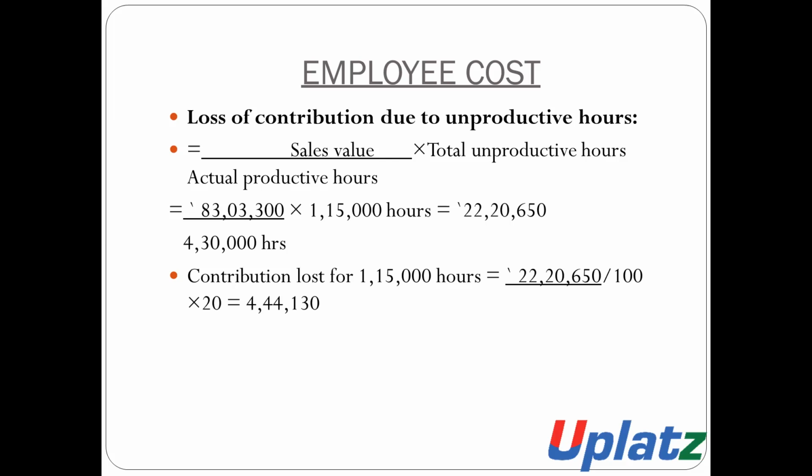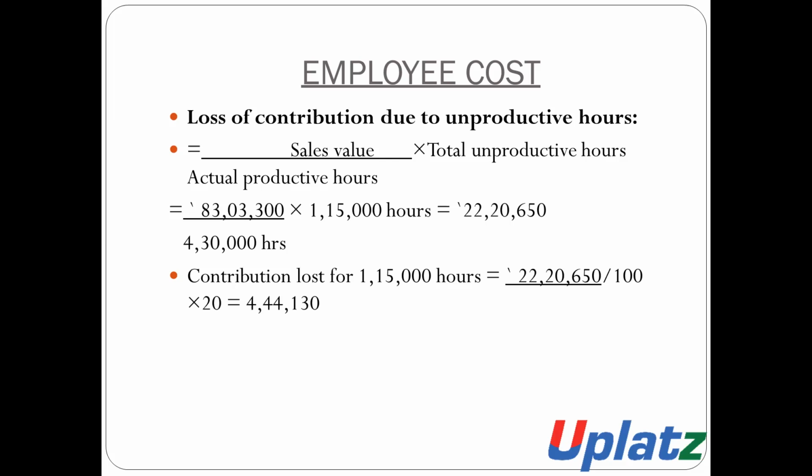The total amount of sale is 83 lakhs 3,030 rupees divided by total production hours 4,30,000, into unproductive hours 1,15,000. Then the loss of sales due to unproductive hours is equal to 22 lakhs 20,650 rupees.